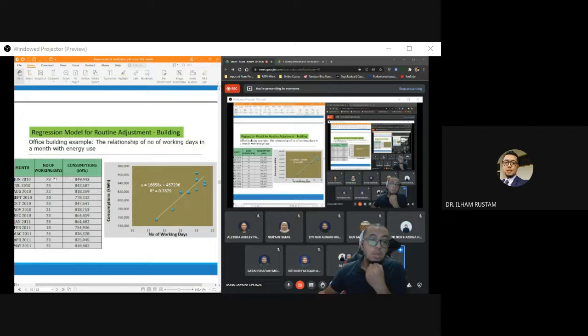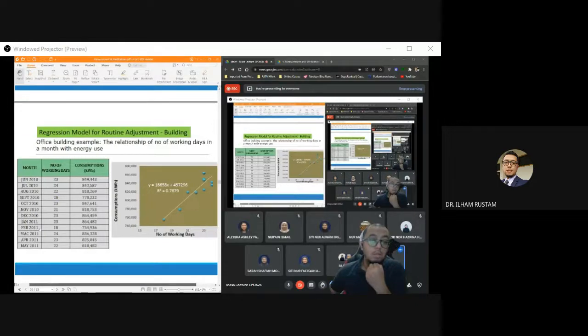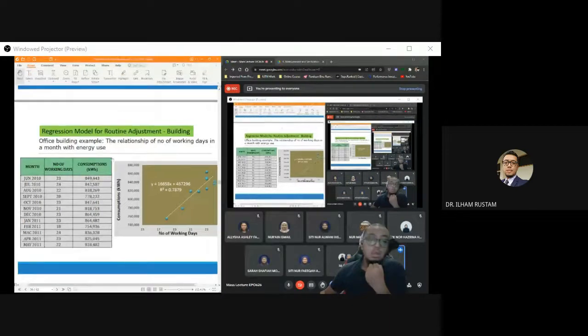As you can see, the number of working days, if there are fewer people occupying, for example in September 2010, shows only 20 days of working. Out of a month, September has 30 days, so 30 minus 20 means 10 days people are not occupying the office.